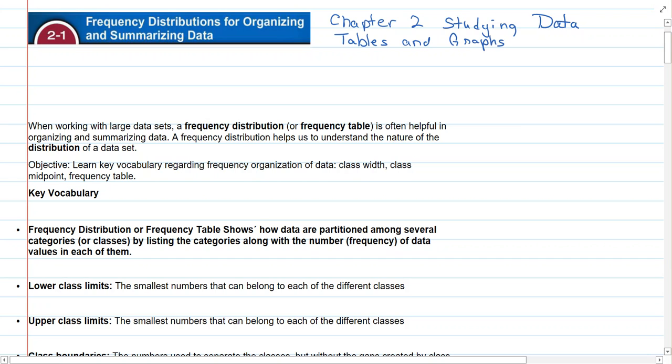So we're in the part where we've all answered the survey, we've collected data. And now we want to organize it.